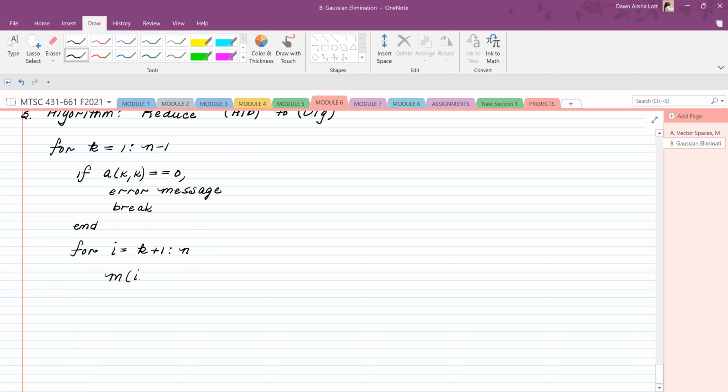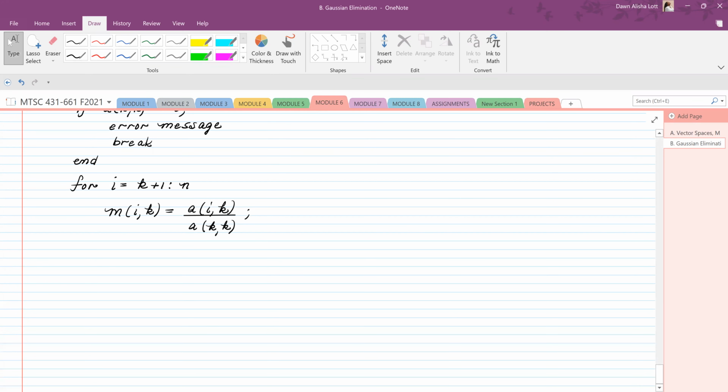Then you find m at ik, and that's going to equal a at ik divided by a at kk. And then once you find that, you'll do for j equal to k to n.